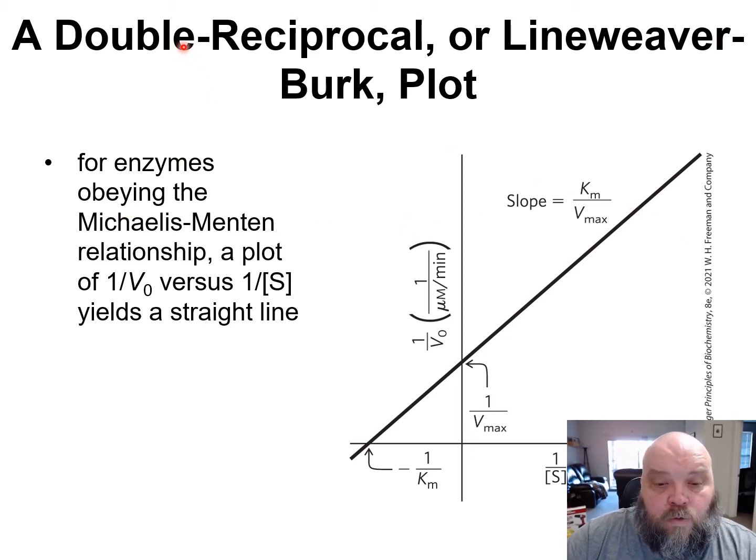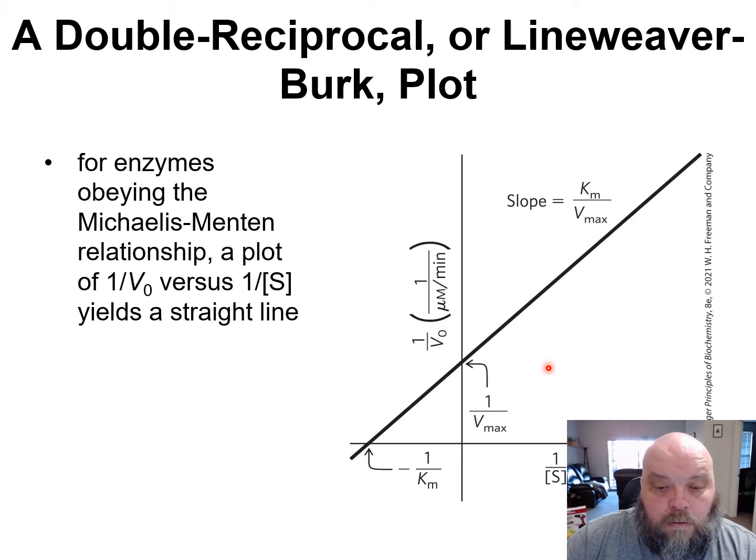So if you plot that out, what you end up with is 1 over V naught on the y, and on the x, 1 over the concentration of S. The slope of the line, y equals mx plus b, the m, the slope, would be Km over Vmax. Remember, Km is the concentration of S at half Vmax.